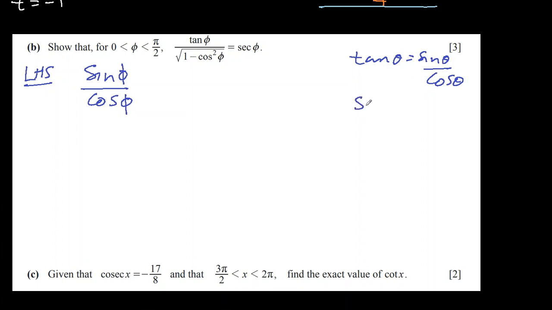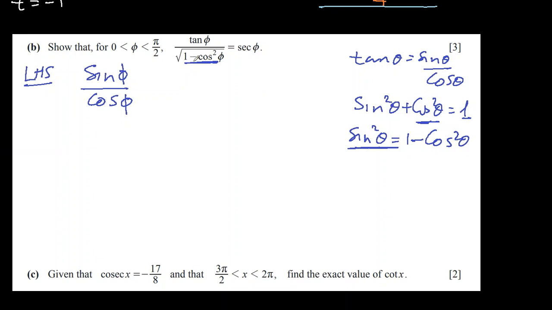Second, we know that sine square theta plus cos square theta is 1. This is given in your formula sheet. We can manipulate this as sine square theta equal to 1 minus cos square theta, when cos square theta goes to the other side and becomes negative, which is exactly what we have here. In place of 1 minus cos square theta, I can write sine square theta, and there's phi here, so I'll write sine square phi.